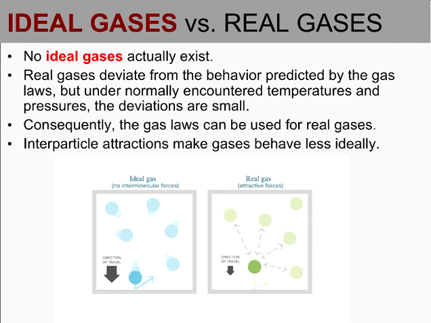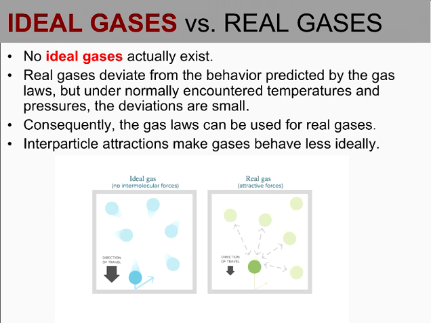Now, one last thing before we end the video here. The ideal gas law refers to gases that are quote-unquote ideal. Ideal gases are gases that are small, they're really far apart from each other, they don't interact with each other. So, for instance, they don't have attraction for each other. But unfortunately, ideal gases don't really exist.